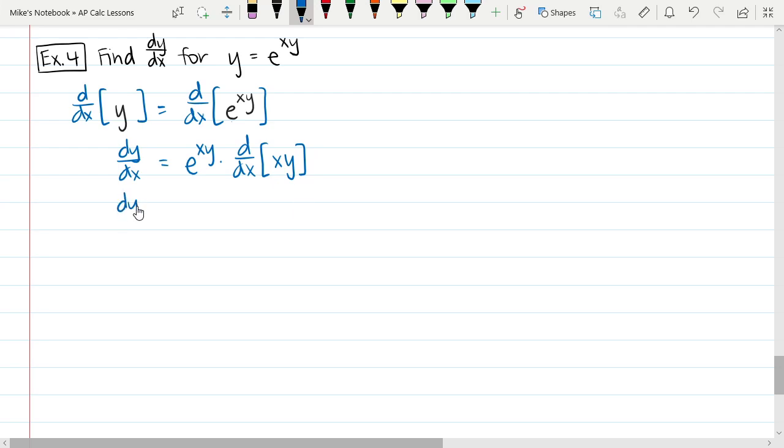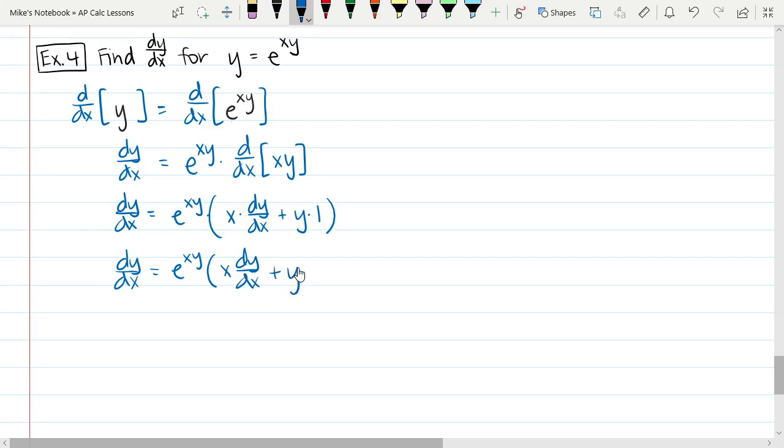So this is going to be dy dx equals e to the xy times, okay, so the derivative of x times y, that's going to be the first times the derivative of the second plus the second times the derivative of the first. But the derivative of x, again, is just 1. So now we get dy dx equals e to the xy times the quantity x dy dx plus y.